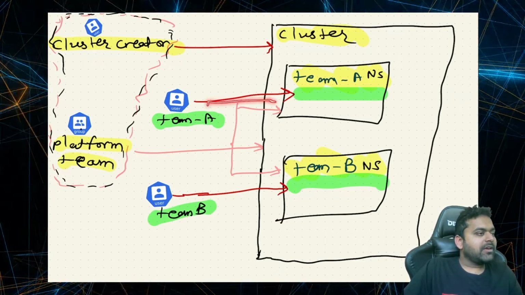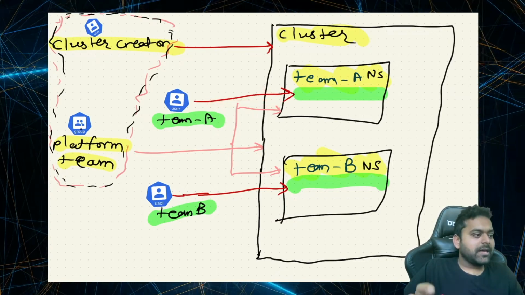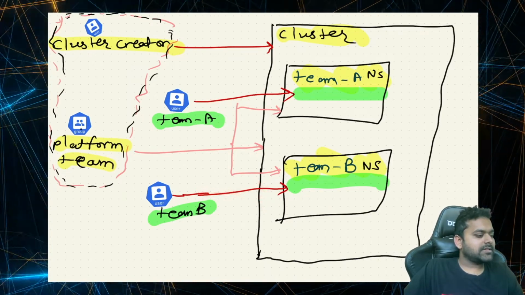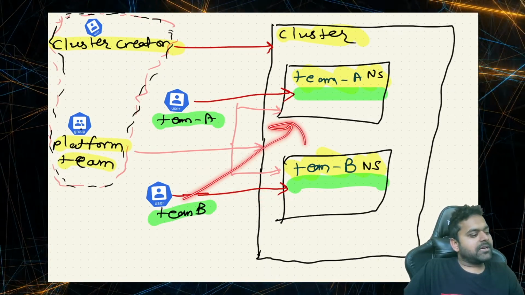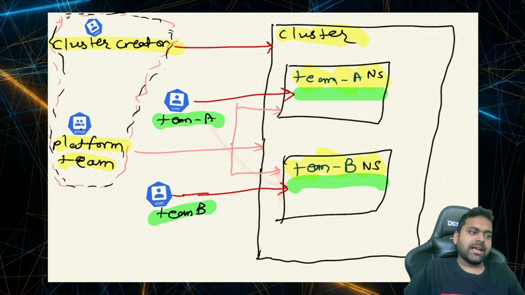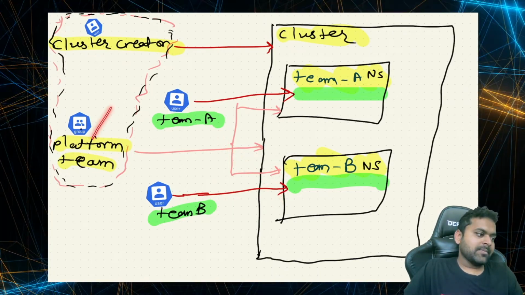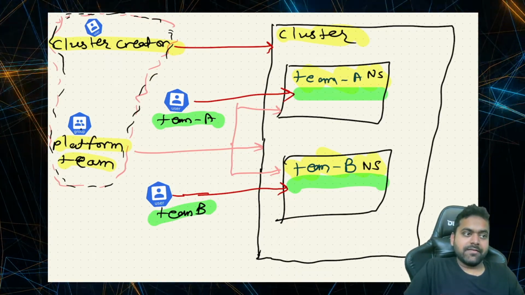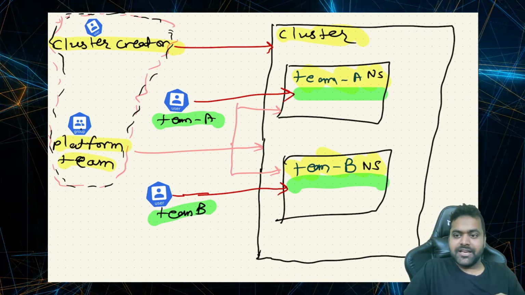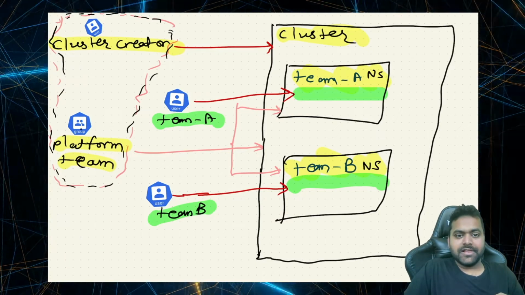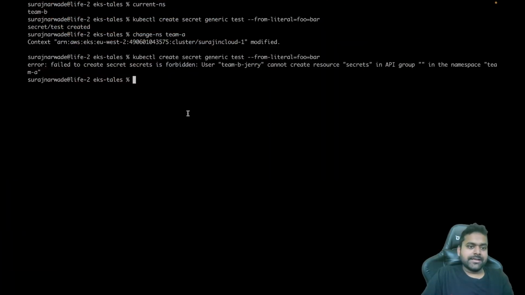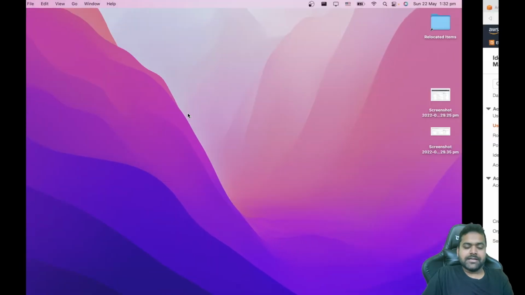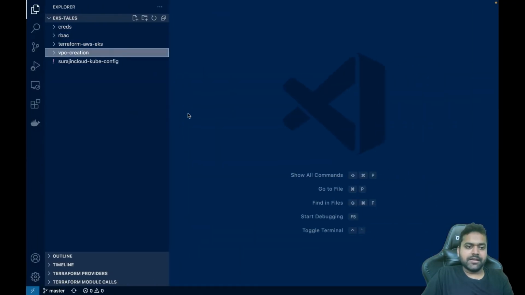So team A was able to access team A, and team B was able to access team B. B couldn't access A, and A couldn't access B, whereas the administrator can access everything. We had some glitch with the deployment. We'll try to solve that as well, but before that, let's jump into the code and see what we did there.